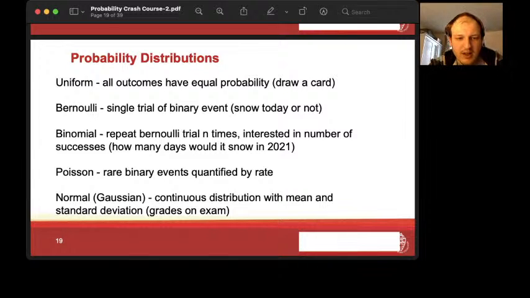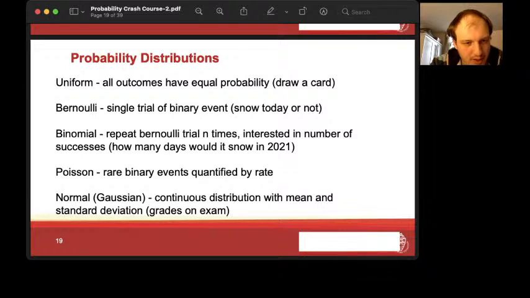The Poisson distribution is also related to binomial, but it's typically used for something that has a low probability. You have many samples, in most of the samples nothing happens, and then occasionally you have some positive case. Poisson can also approximate the binomial distribution in cases where the binomial has a low probability of success.